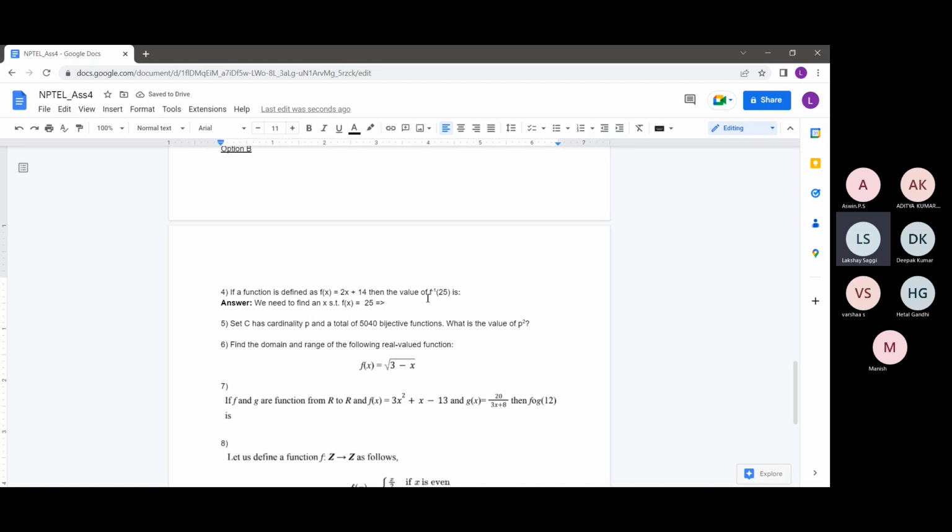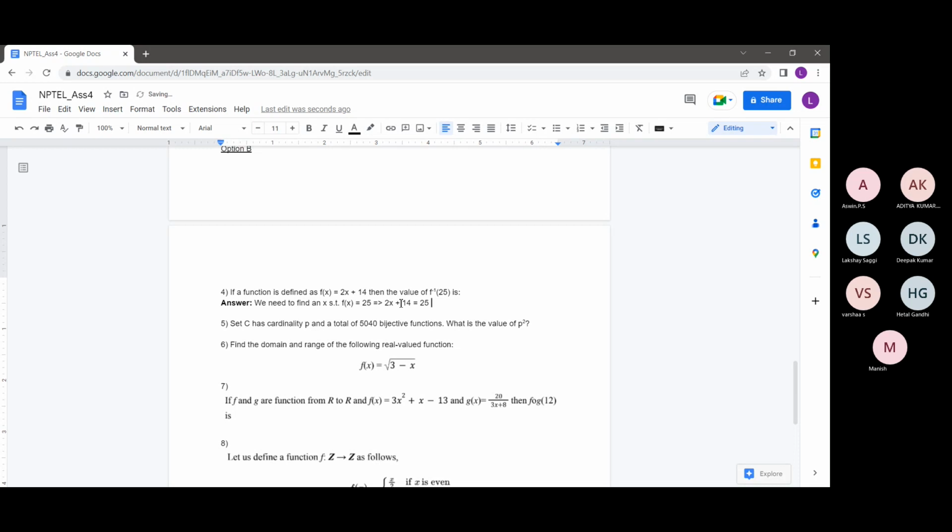So suppose let's take the value of f inverse of 25 as x. Then taking f of both sides, we get f of f inverse of 25 is f of x. So we get f of x equals 25. And for solving this, we can say that this implies that 2x plus 14 is equal to 25.